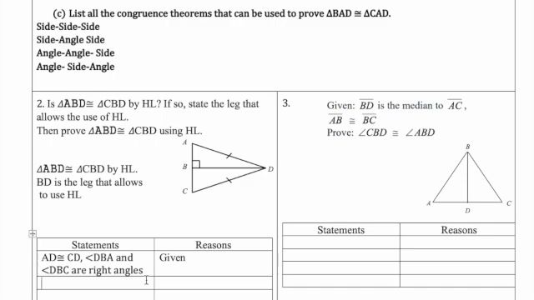Okay, so we know, right, we have a hypotenuse and we have a right triangle, so I'm just going to be saying this here are right triangles. And I'm going to use this triangle symbol, ABD and CBD.